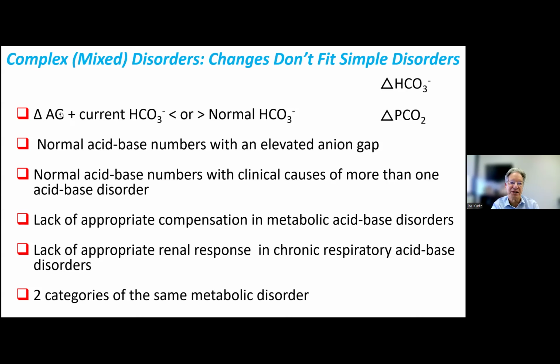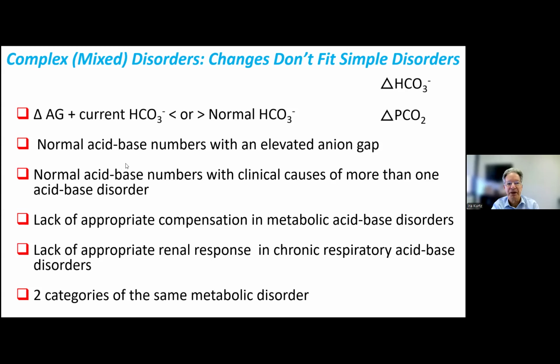This is the so-called delta-delta, which you should always do when you have an anion gap metabolic acidosis. If the bicarbonate comes out at 23 or 24, you just have a simple anion gap metabolic acidosis. But if it comes out less than or greater than that, you have another reason for the change in bicarbonate, and you have to come up with that diagnosis.